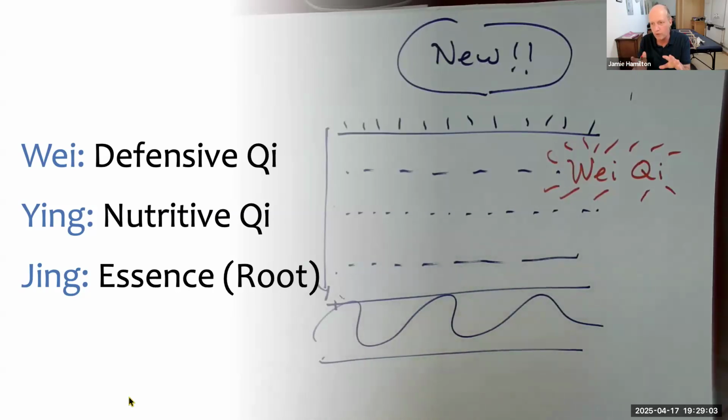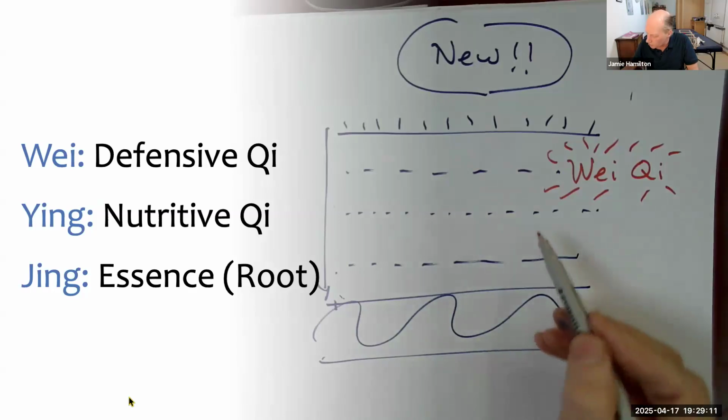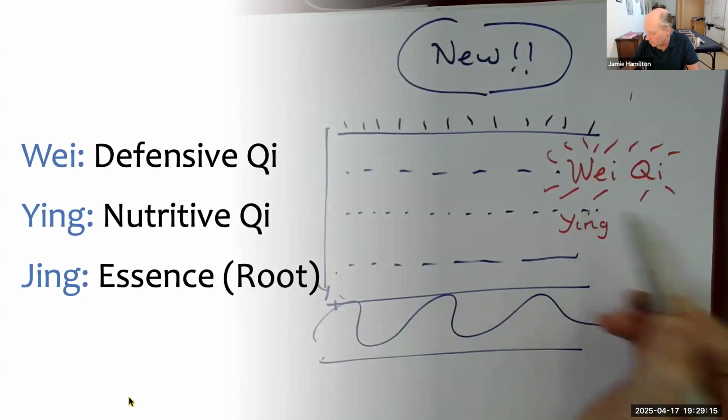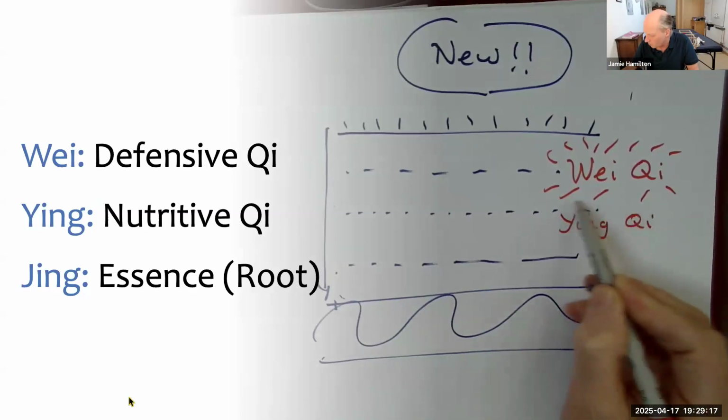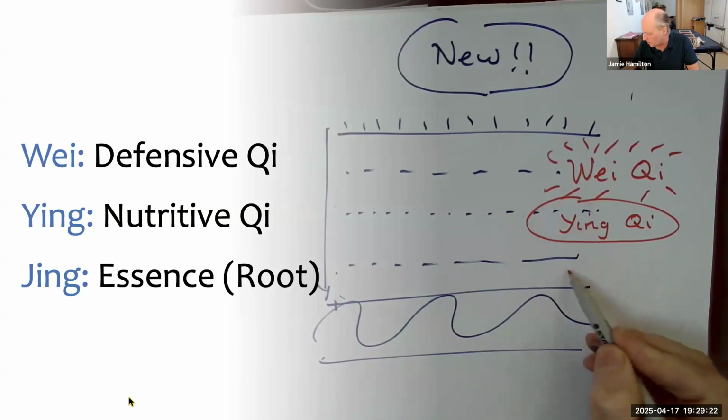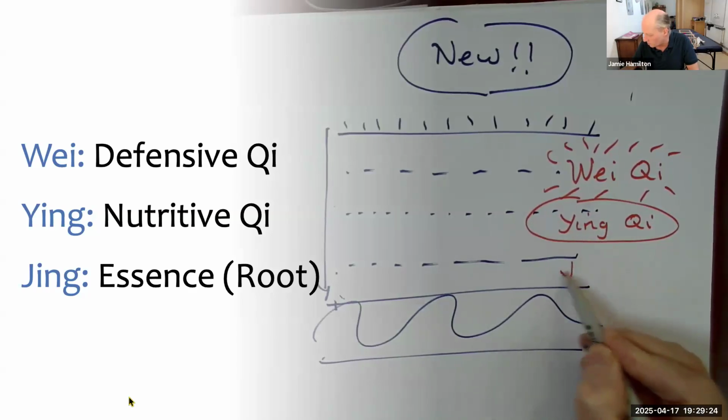When the pulse is healthy, it should be at equal grade of all of this. There should be no gaps in the strength. The nutritive Qi, or Yin Qi, is next. And at the root is the Jing, or essence.